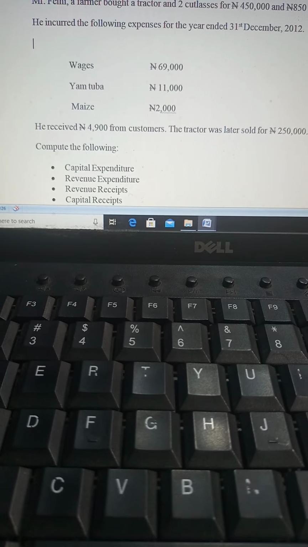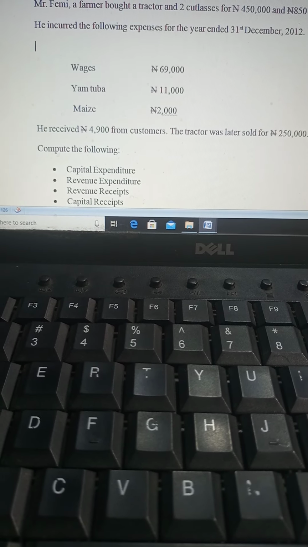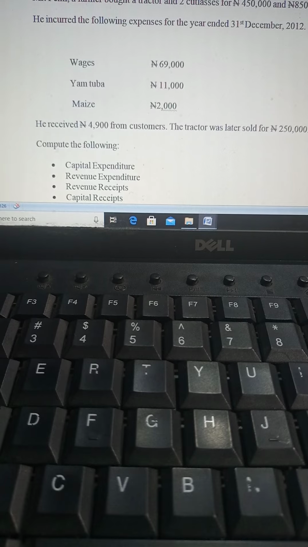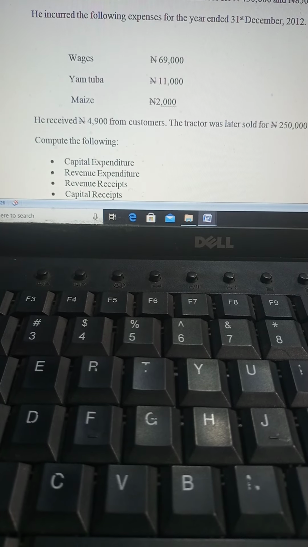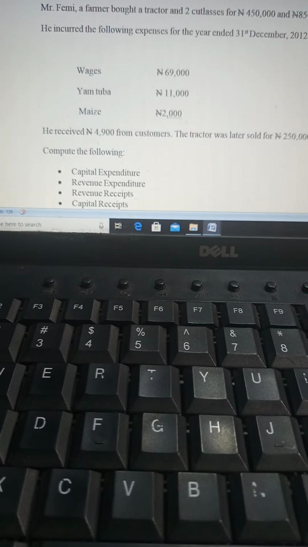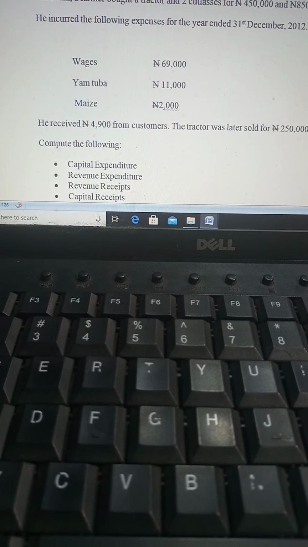We can also say capital expenditure is an expenditure incurred on an existing fixed asset in order to add value to that fixed asset or to make it more productive.